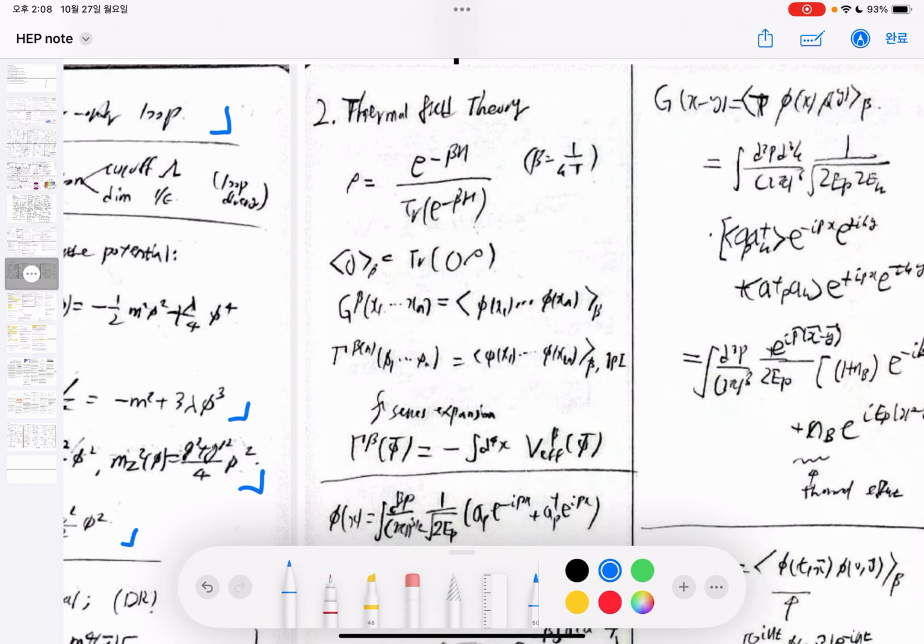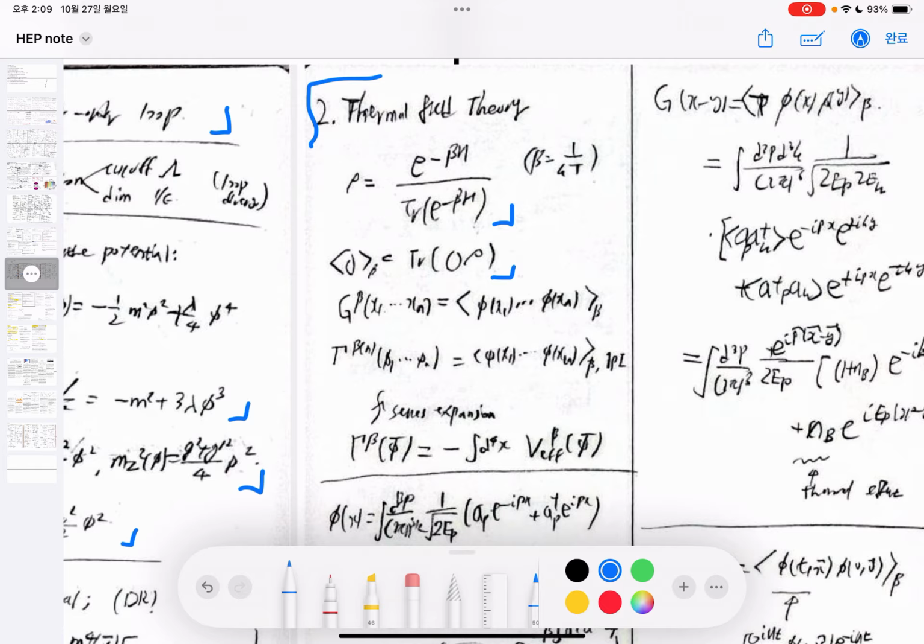So now the new part is thermal field theory, considering the effects of temperature. From statistical physics, the probability density is given by the Boltzmann factor, exponential of minus beta H, over the partition function. Here beta is 1/kT, and in quantum statistics, the expectation value of an observable can be obtained by the trace of the product of the observable operator, capital O, and the probability density operator.